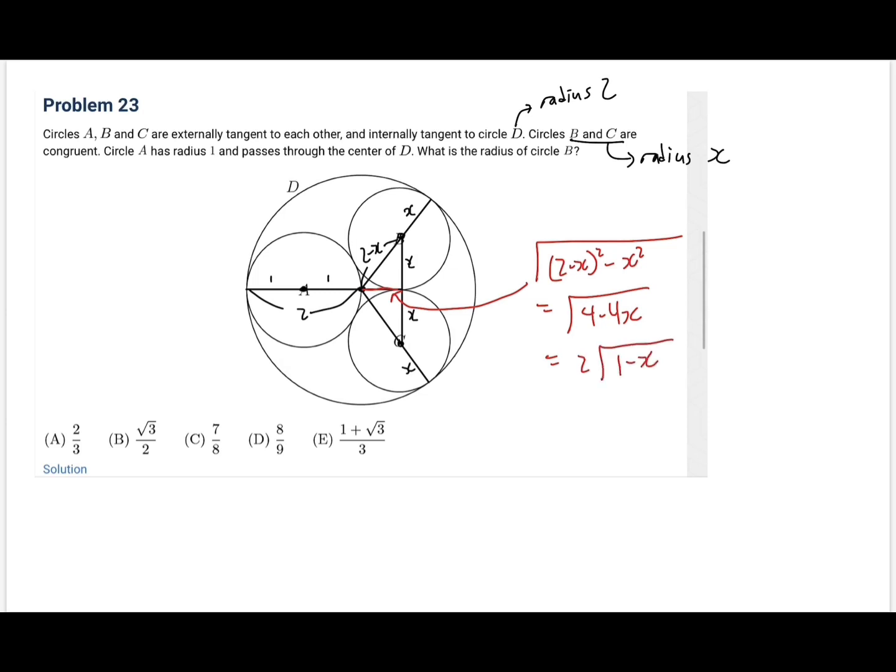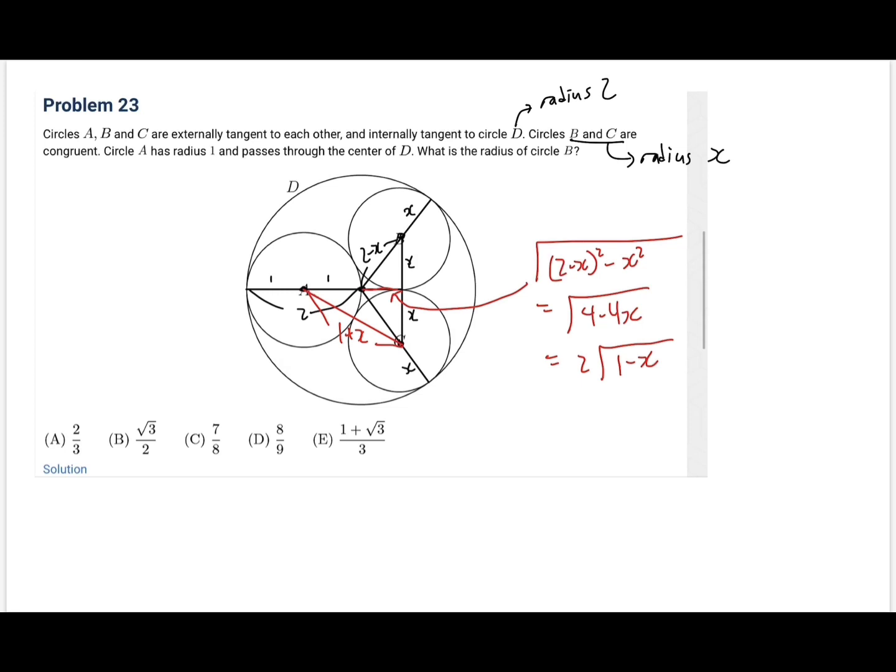So this length right here must be, no, this is 1 plus x, right? Since this much is 1 and this much is x, so this is the sum of the radii.